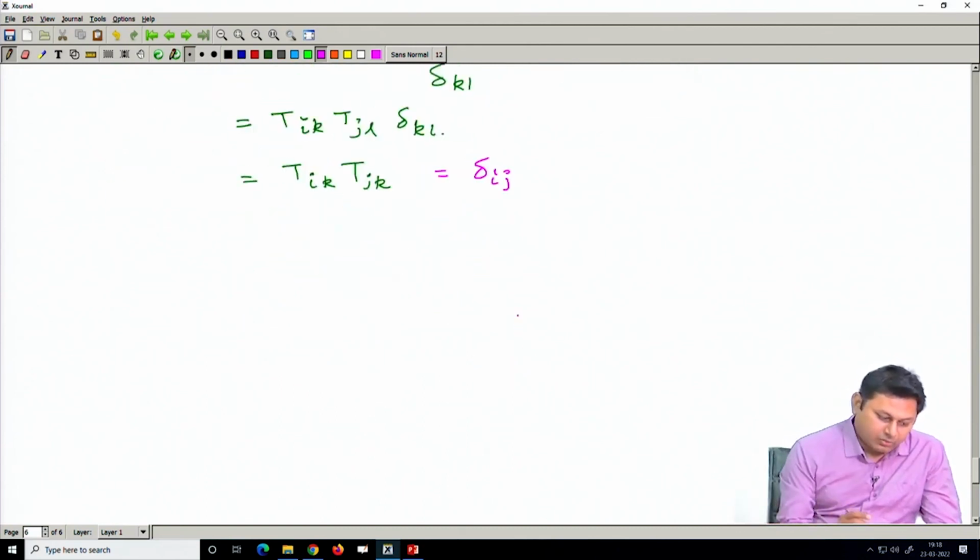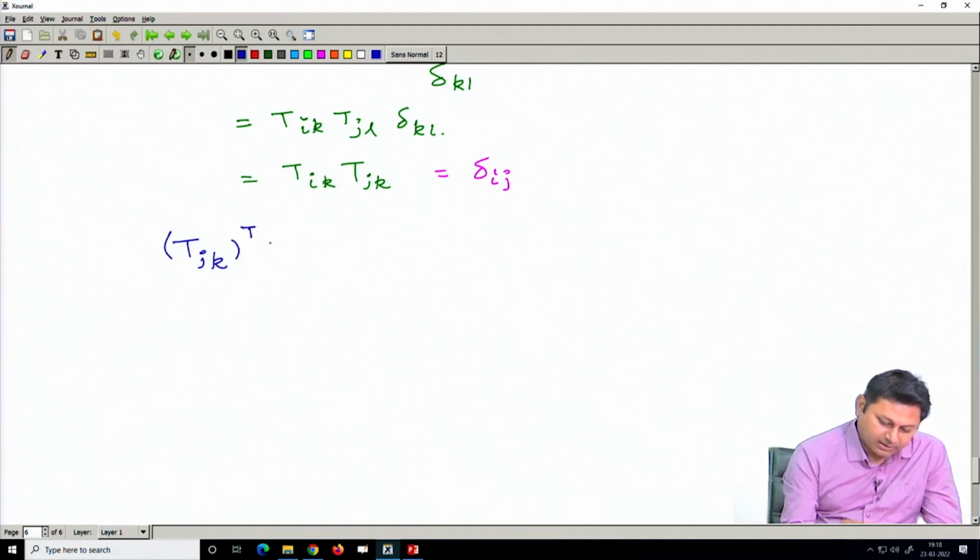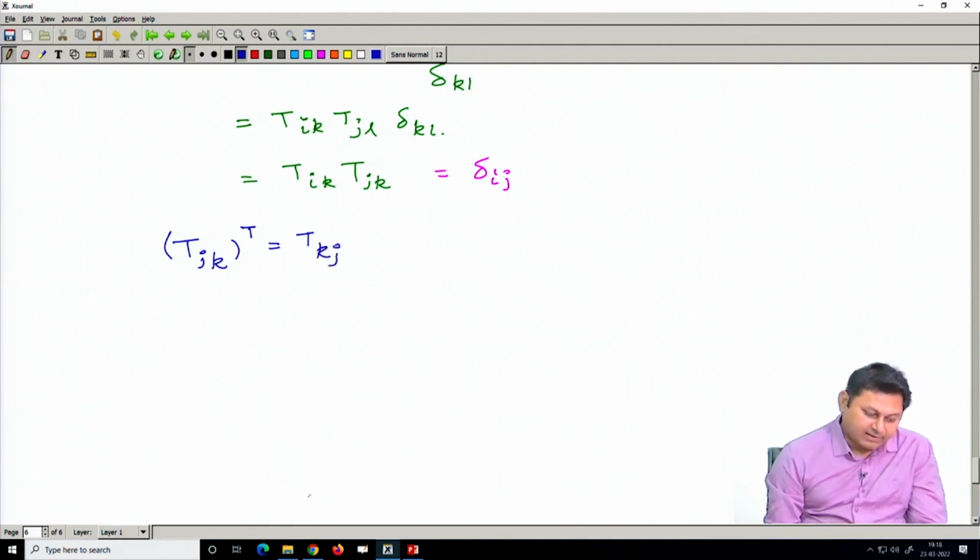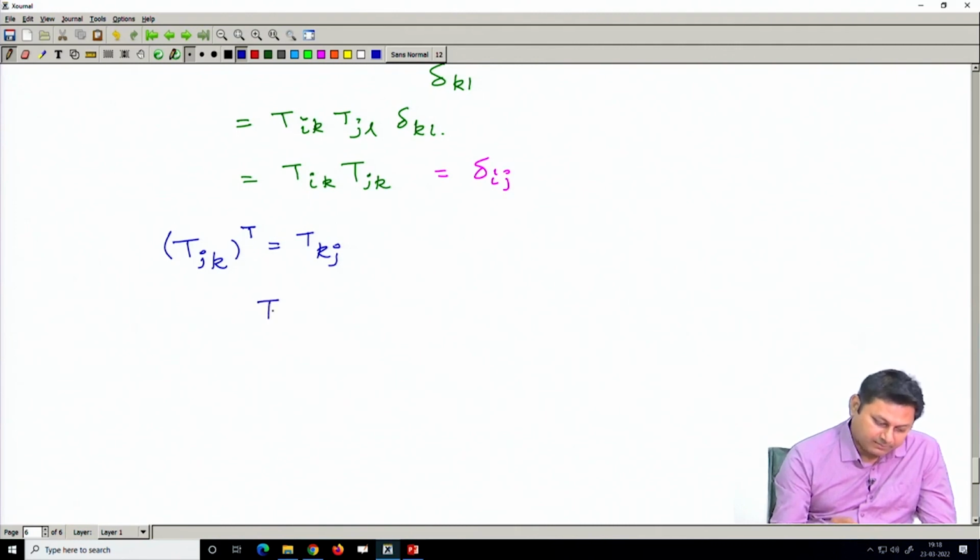Now, because these are matrix elements, I can manipulate them. If I take the transpose of T_jk, it becomes T_kj. So I can write T_ik and T_kj transposed, and that gives the value delta_ij.